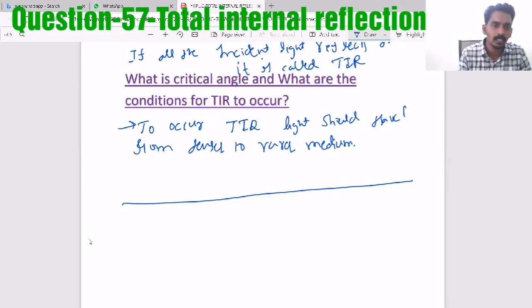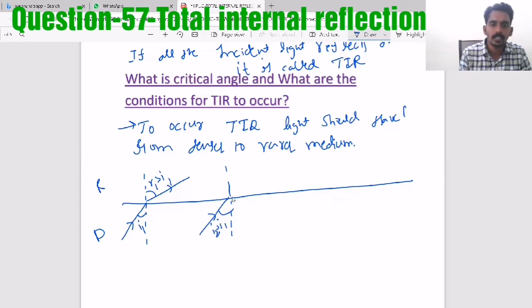If you consider this is denser medium, this is rarer medium, and at one point of incidence, let's say light incident at an angle I1. Now it deviates at an angle R1 which is greater than I1, because denser to rarer means light bends away from the normal. Now you take slightly greater incident angle, then the refraction angle becomes even more.